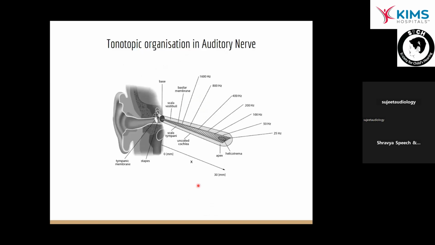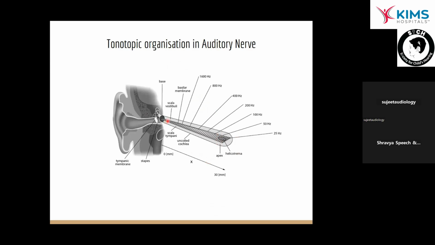Remember this, the auditory neurons don't have a tonotopic organization. The work of the auditory neuron is to pass the signal coming from the inner ear to the cochlear nucleus. That's all. Whatever the signal is, it just processes that signal. So the neurons connected to the apical region will process the low frequency sound.